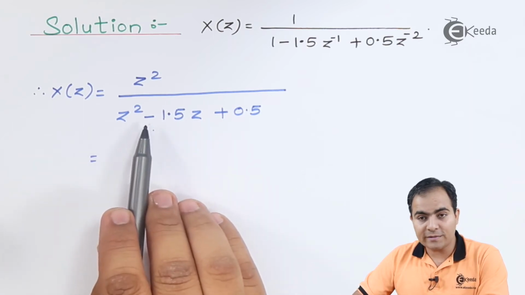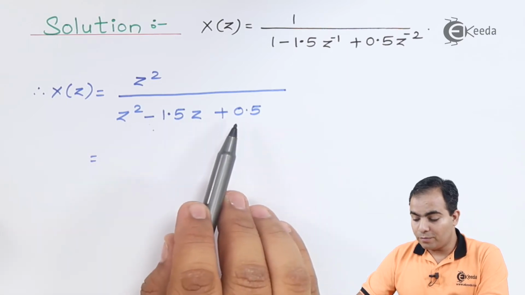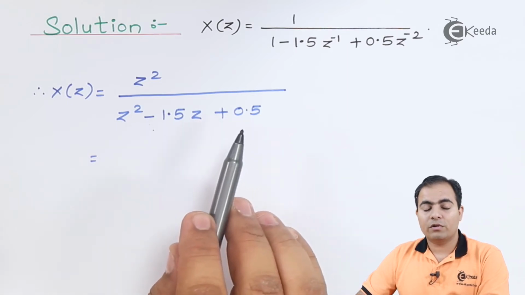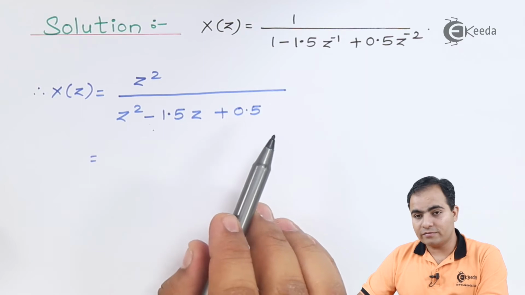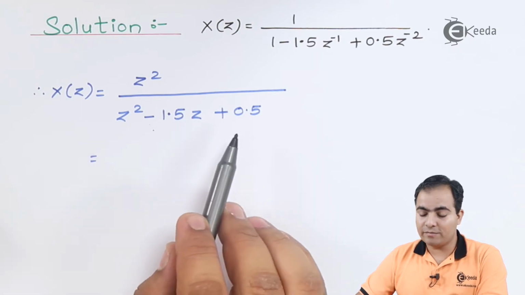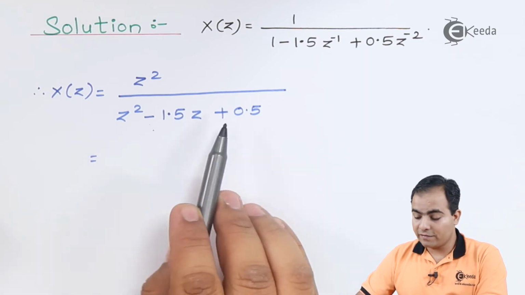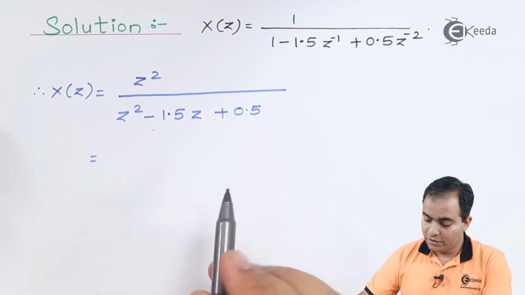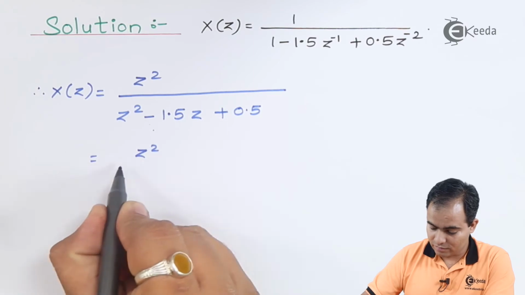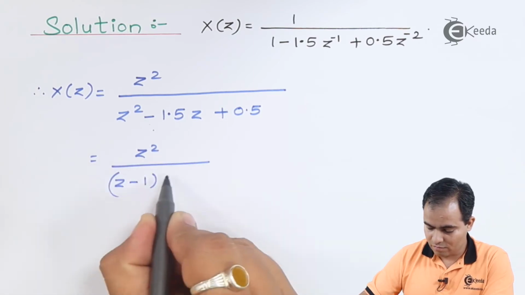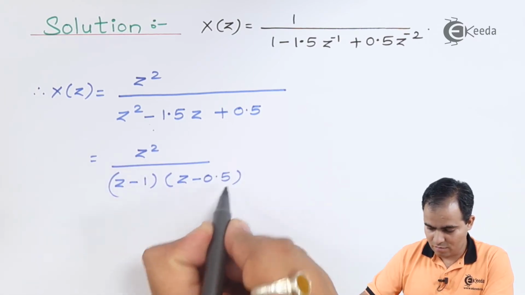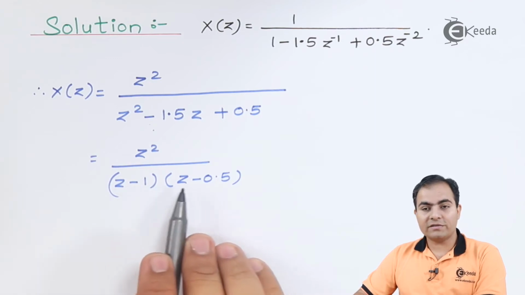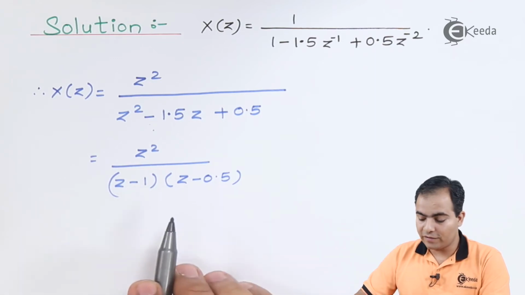But here the sign is minus, which means 0.5 and 1 both have a minus sign, because minus of minus gives plus, but if we add minus values, the answer is always minus. So we have z minus 1 and z minus 0.5 as the two factors.